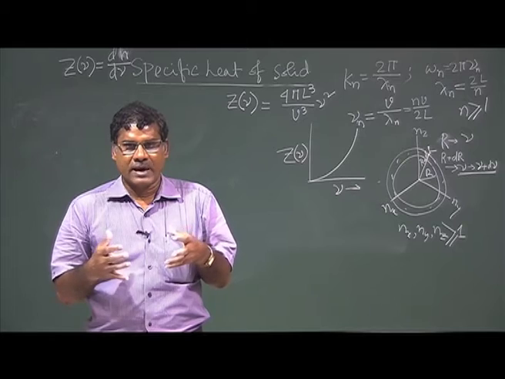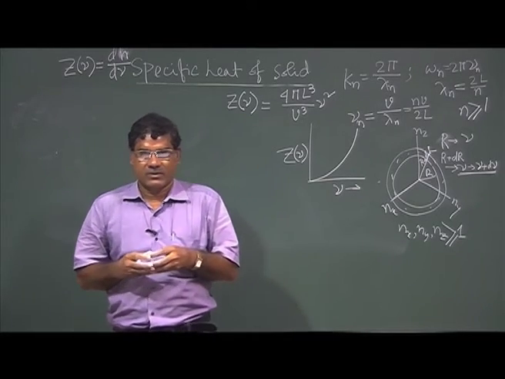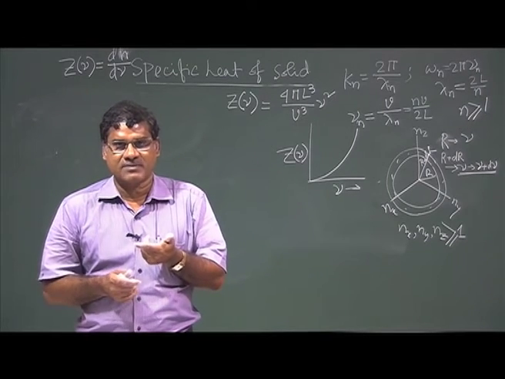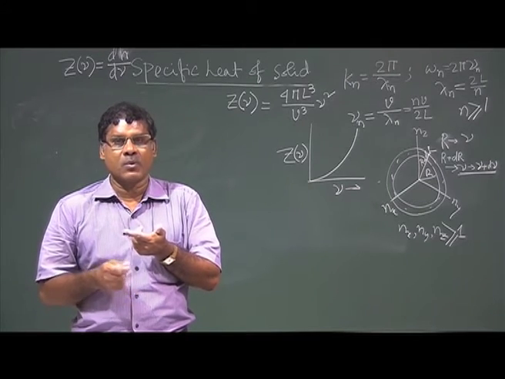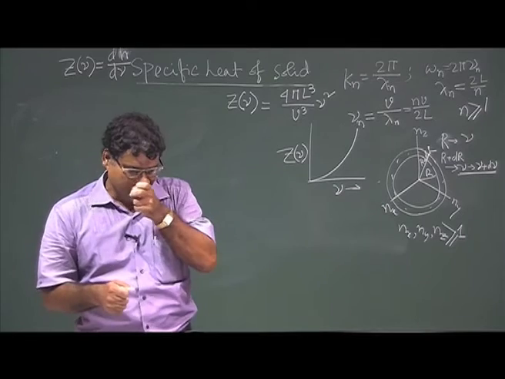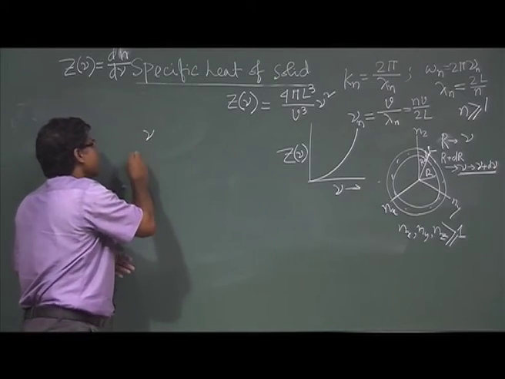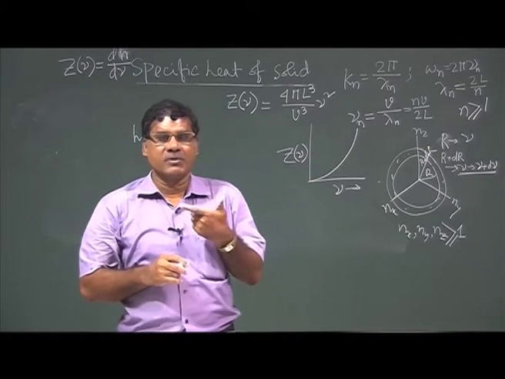So, I want to calculate the total energy of this system. Each mode will have energy because it has frequency nu, and different modes will have different energy. If its frequency is nu, its energy will be h nu.